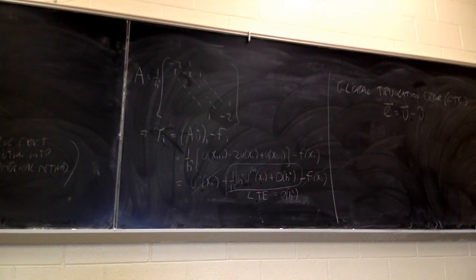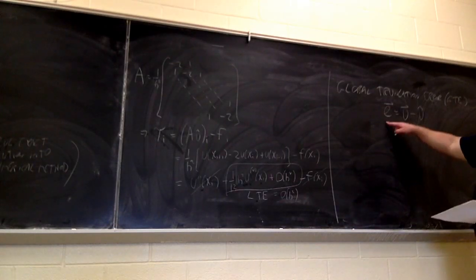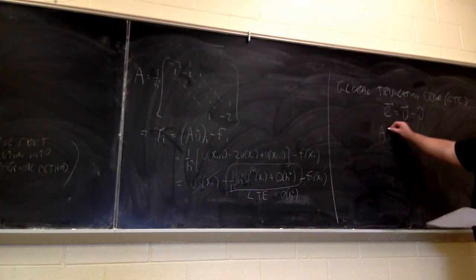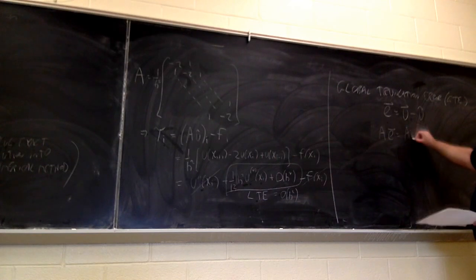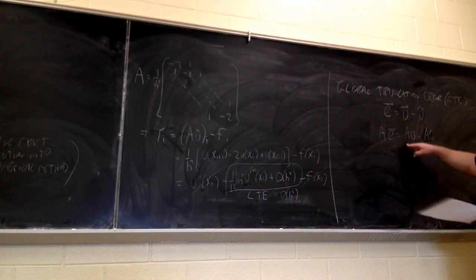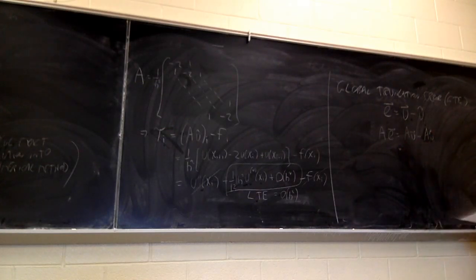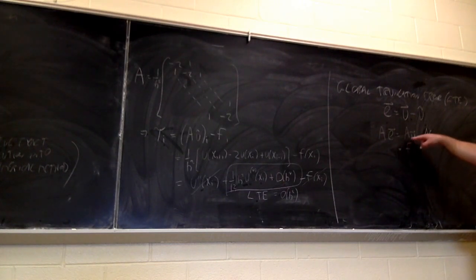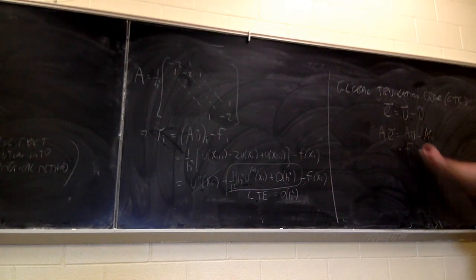But let's suppose I multiply both sides of this by A. So AE is AU minus AU hat. Now AU is equal to F, because our numerical solution is a solution of a system of equations.